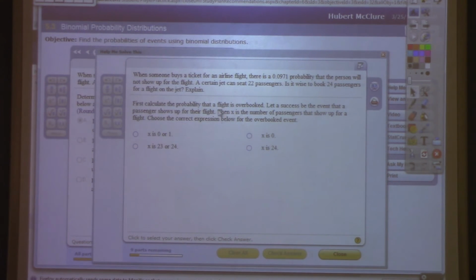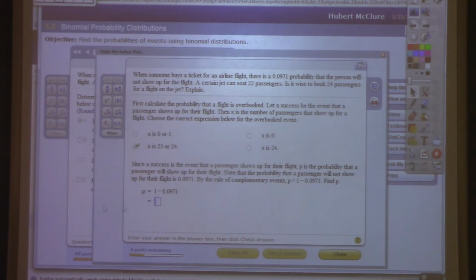First, calculate the probability the flight is overbooked. Okay. Let X be 23 to 24. Well, we said that, and we did that.